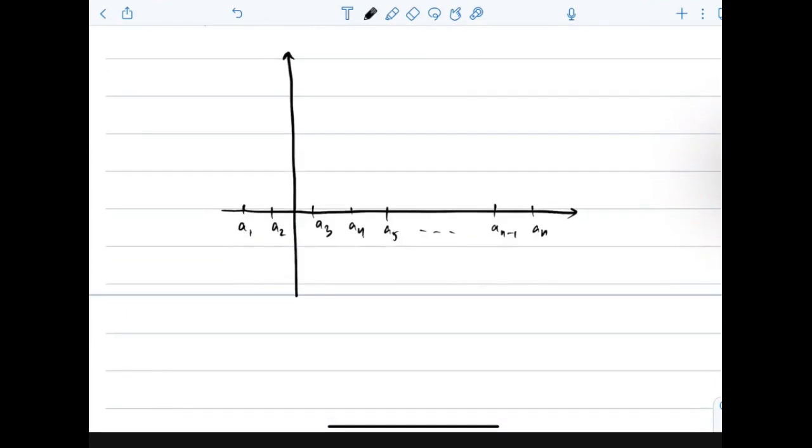So let's say n equal to 7. There's nothing here, so it's a6 and a7. These are the 7 real roots of the polynomial.